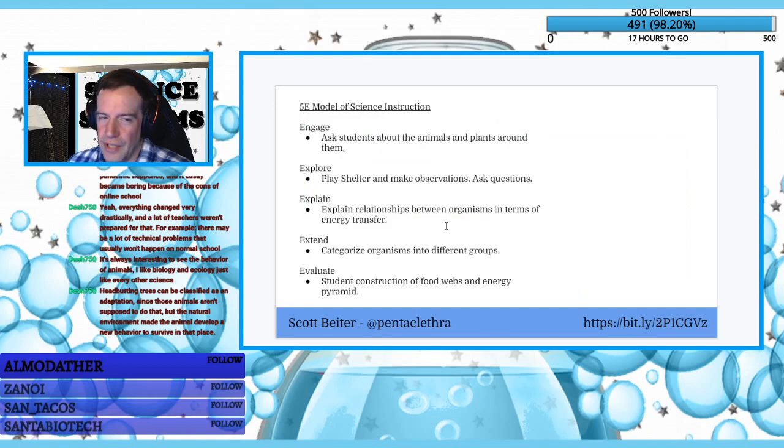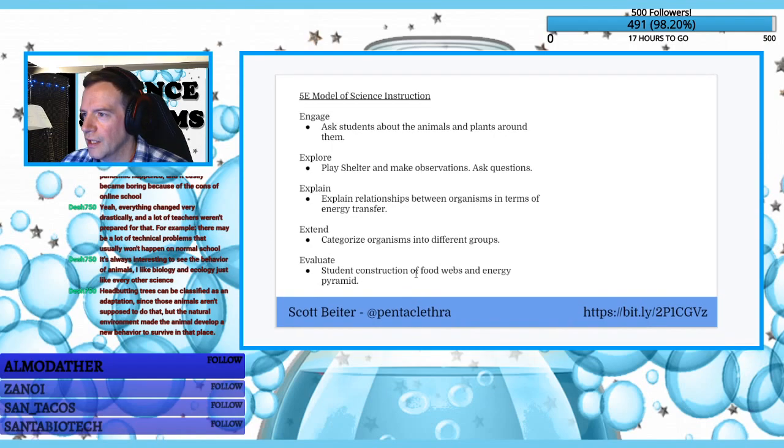Okay, and lastly, I wanted to apply this to the 5E model because it is my go-to model for teaching. And so we have the engage, explore, explain, extend, and evaluate. Engage: ask them about the animals and plants around them.